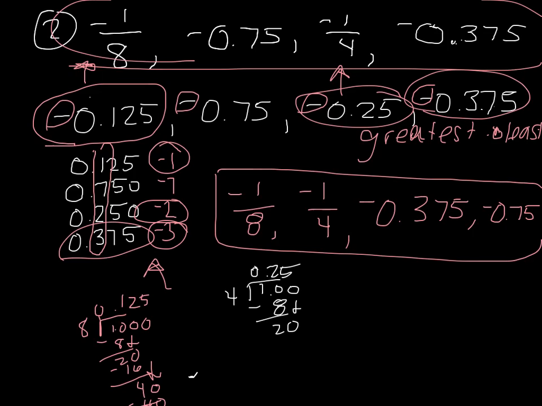And now what about if there were two numbers that were the same that I was looking at? Well, then I would write this one as 12. I just take 2 decimal places. This one would be 75, this one would be 25, and this one would be 37. Okay, so now again, -12 is the biggest because it's closest to 0, so I would choose this one. Okay, so if there are ever two decimals that have the same tenths place, then we just go to the hundredths.